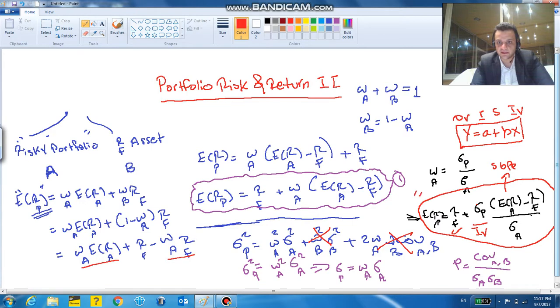Now, this formula we need to commit to memory. We do not need to know this derivation, although it might help you with understanding the whole idea behind these formulas.